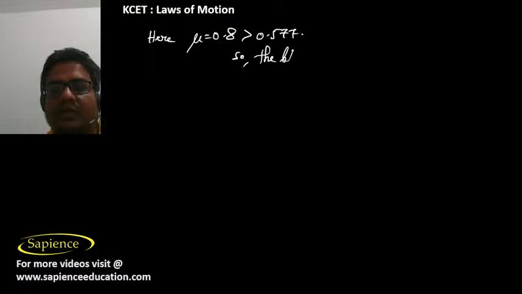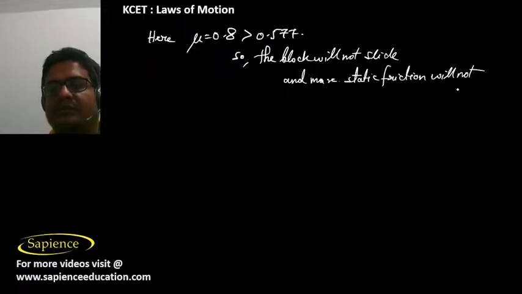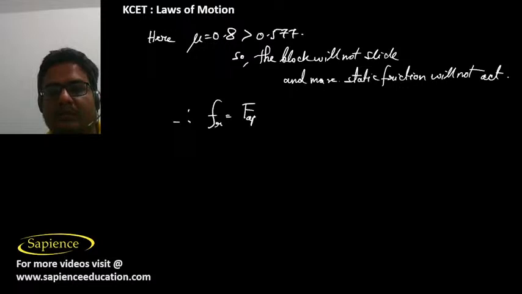So here we can see that mu, which is 0.8, is greater than 0.577. Therefore the block will not slide downwards, and the maximum static friction will not be acting.